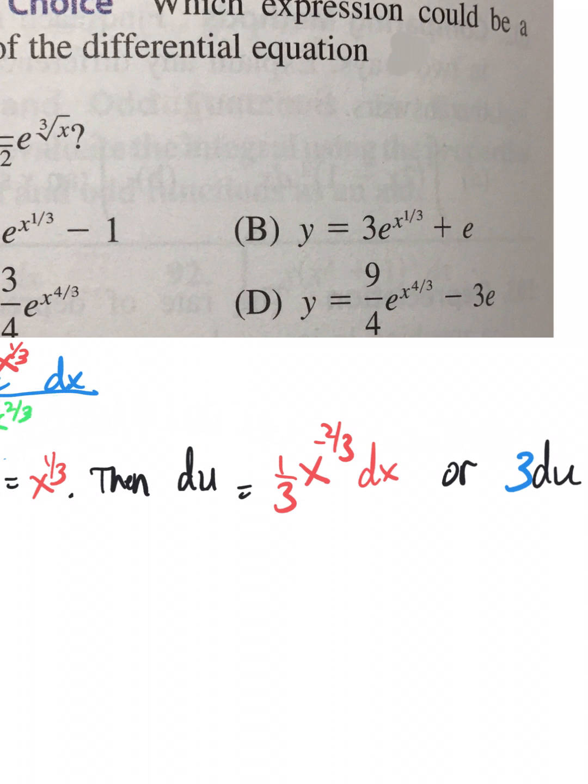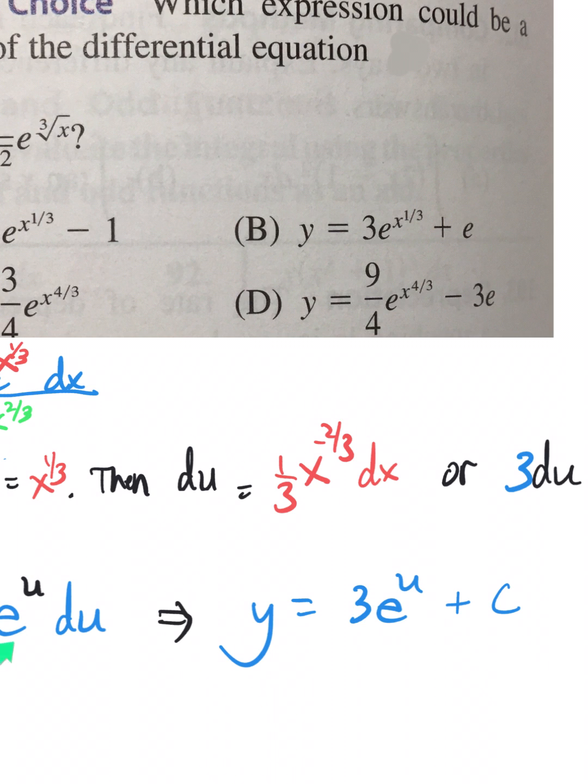So now we can rewrite this as the antiderivative of e to the u power times 3 du. So there it is. Y is equal to the antiderivative of e to the u power, and then the dx over x to the 2/3 is 3 du, which gives us 3 times the antiderivative of e to the u, which is just e to the u, plus some constant.